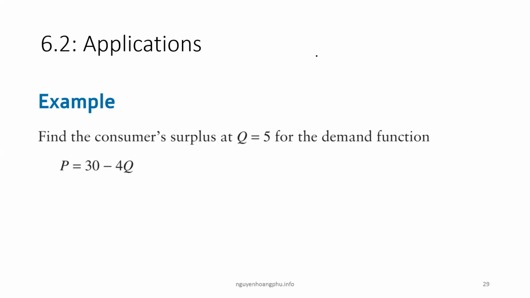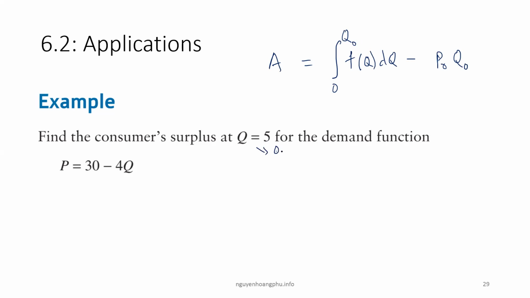So remember, as I said before, for the consumer surplus, A is defined as the integration of f(Q) dQ minus P0 Q0. Here Q0 is equal to 5.